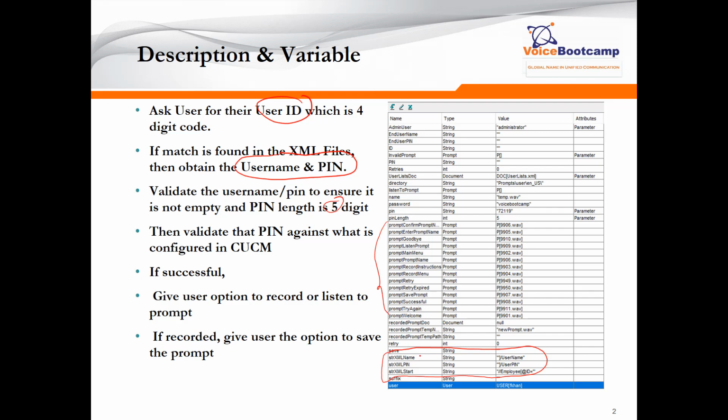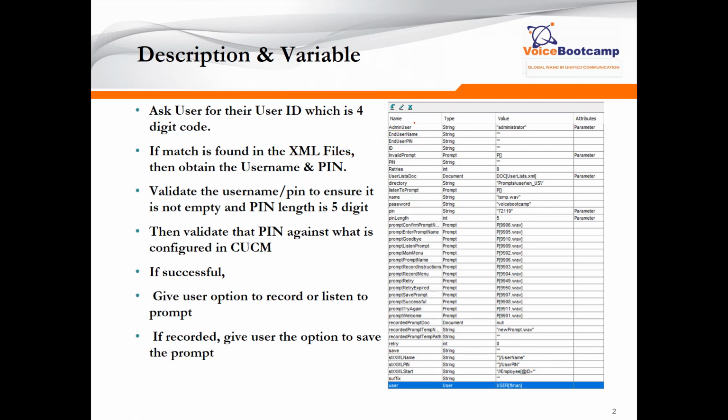We're going to use these three variables to look at the XML file and extract information. Then you have these two variables, end user name and end user pin. These are the two variables that are going to hold the value of the username and the PIN number from the XML file, and then we will validate against the call manager.